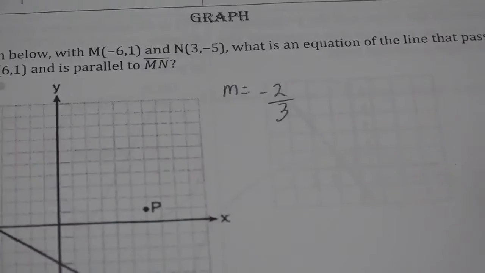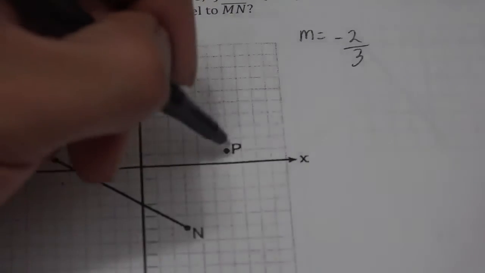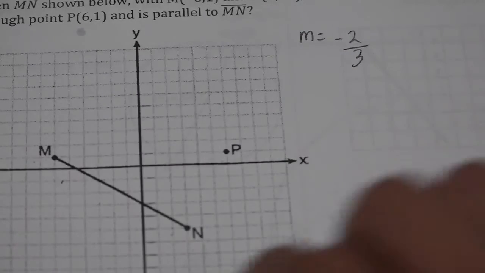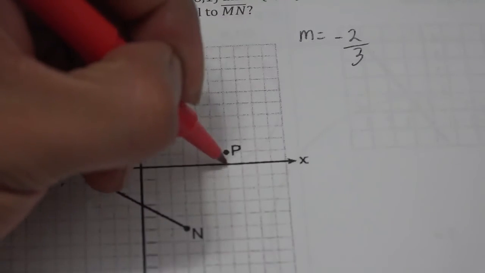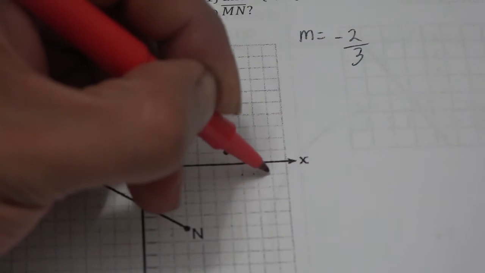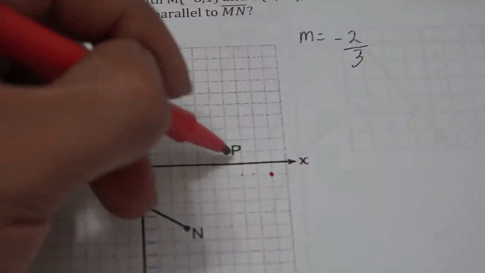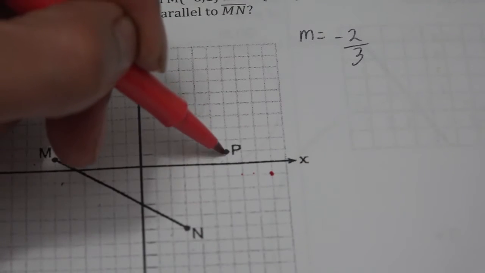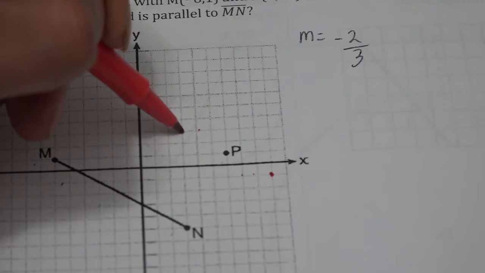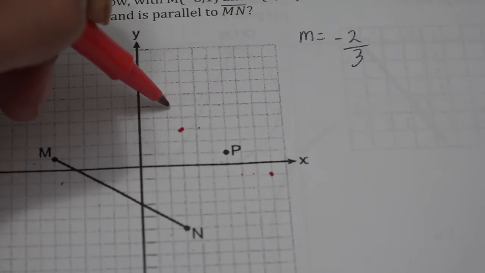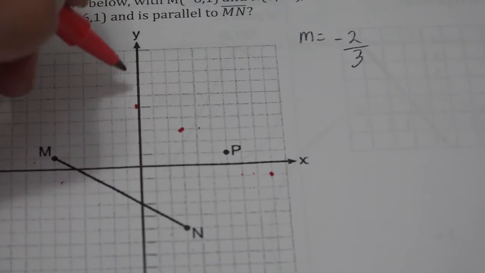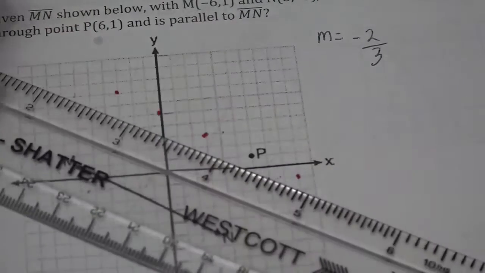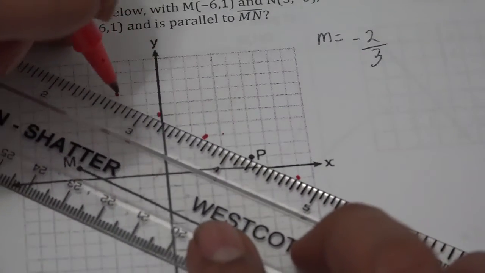Okay, so I go from the point here and I just have to follow the same slope, negative 2 over 3, and see where it takes me. So 1, 2, 1, 2, 3. Unfortunately, if I continue this way, I'm never gonna get a y-intercept, so I'm gonna go the opposite way. So 1, 2, 1, 2, 3, and again, and again, and I found something.